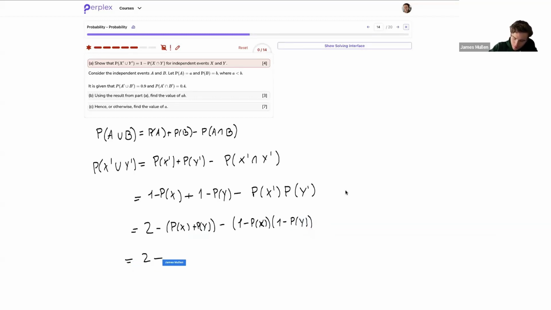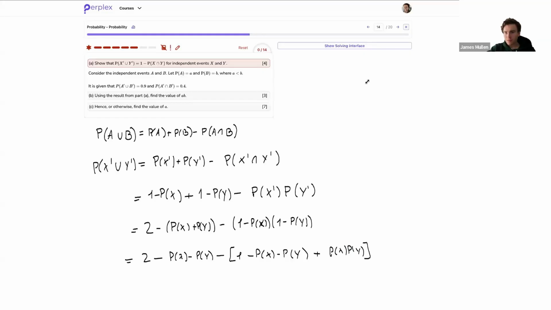That's 2 minus P of x minus P of y, and then I'm going to have minus 1 minus P of x minus P of y plus P of x, P of y. Okay, and I think they're about to lose sight of me, so I'm just going to fix the position quickly.